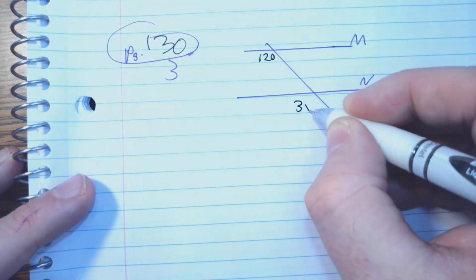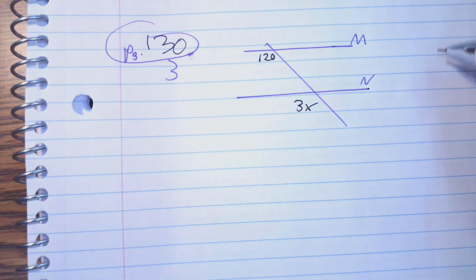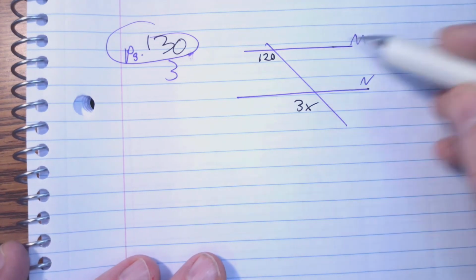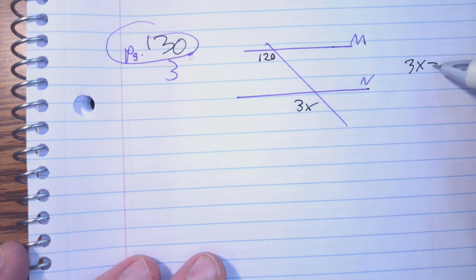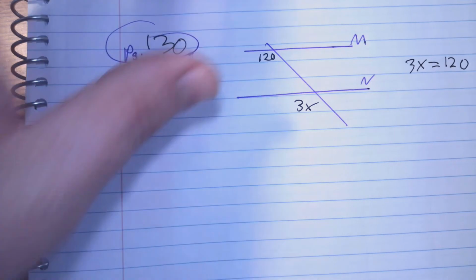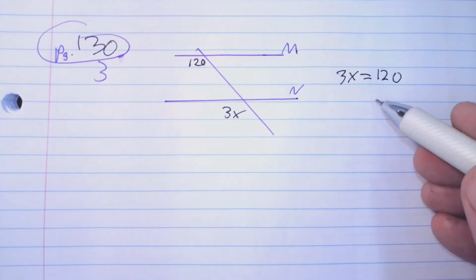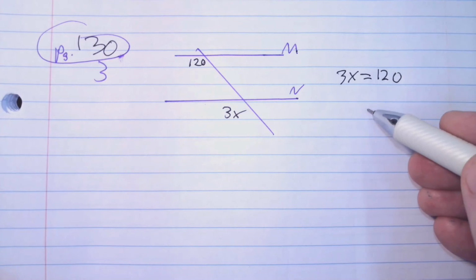Well, for those to be parallel, that means that 3x would have to equal 120, right? So basically, it just wants you to solve this and show your work. Okay?